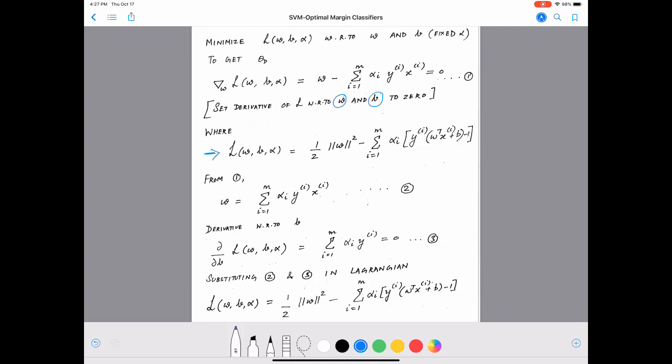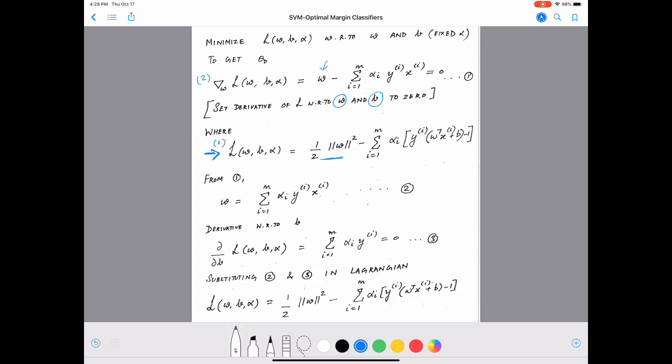So now first let's differentiate with respect to w. When we differentiate this with respect to w, we go back to the first step. So this is the Lagrange, this is what we are going to differentiate. And when we differentiate, we get this. We can see that the first term becomes half and 2w, so the 2 cancels and we just get w here.